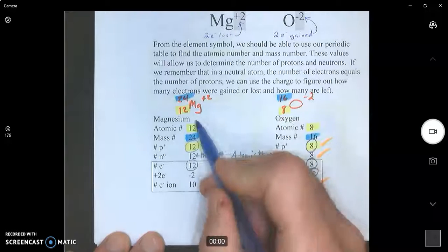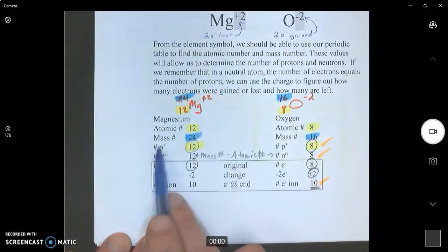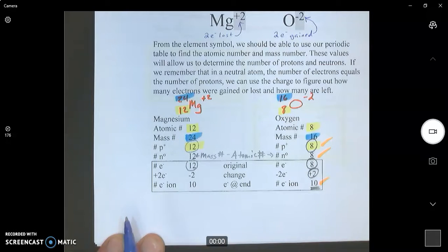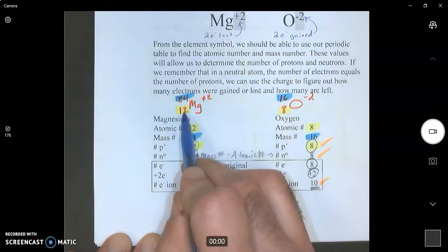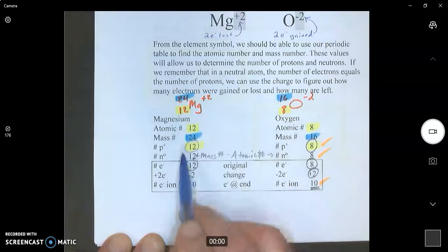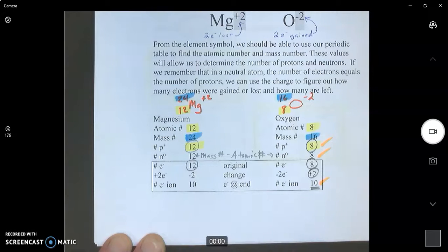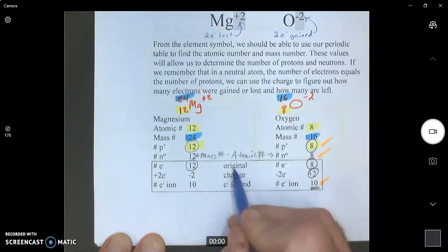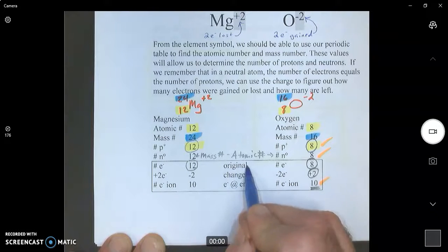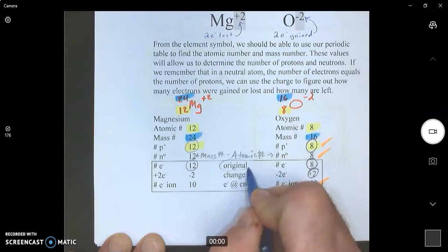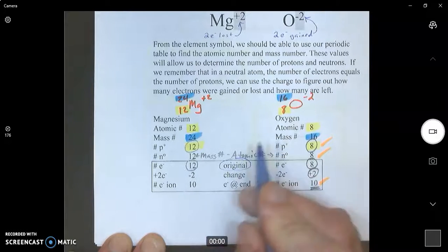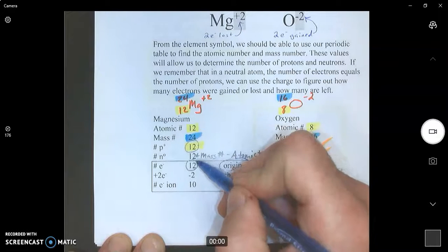Now, atomic number is 12, mass number is 24. That means we have 12 protons. Mass number minus atomic number, 24 minus 12, is 12 neutrons. If the atom was neutral, the original number of electrons before they were gained or lost would be the same as the protons.